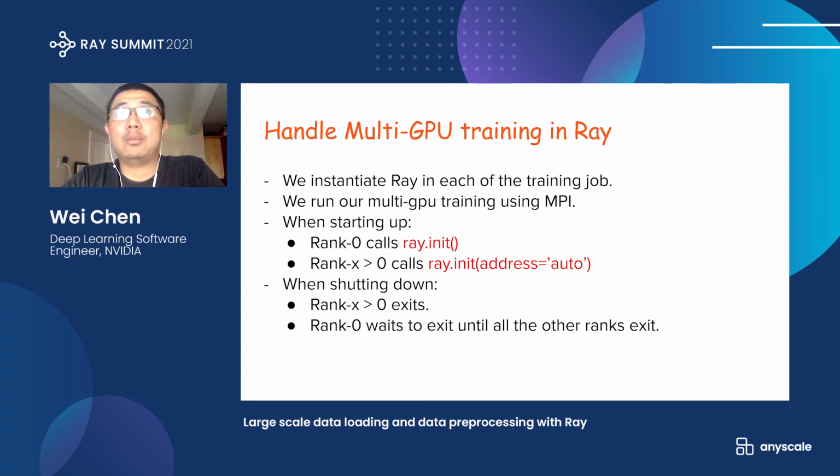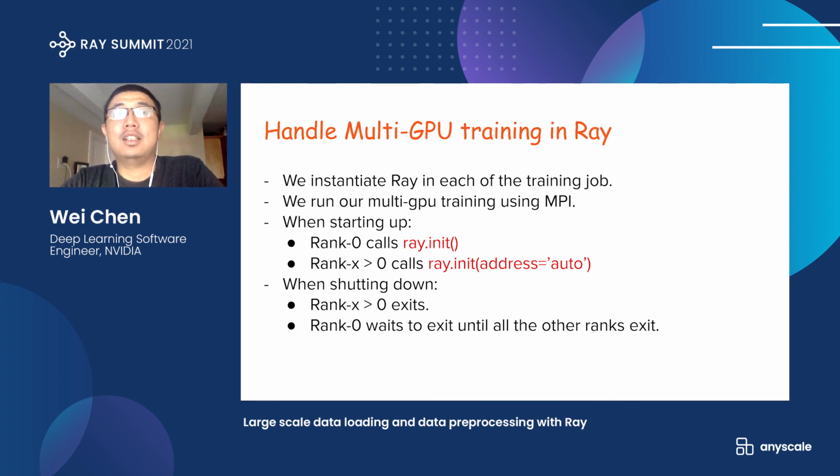So in order to make Ray shareable between different training processes, we need to follow an order for bringing up Ray and shutting down Ray. For starting up, rank 0 has to call ray.init first to initialize the Ray cluster, and the other ranks need to wait until rank 0 brings up the Ray cluster and then connect to it. When it comes to shutting down, it needs to go in reverse order.